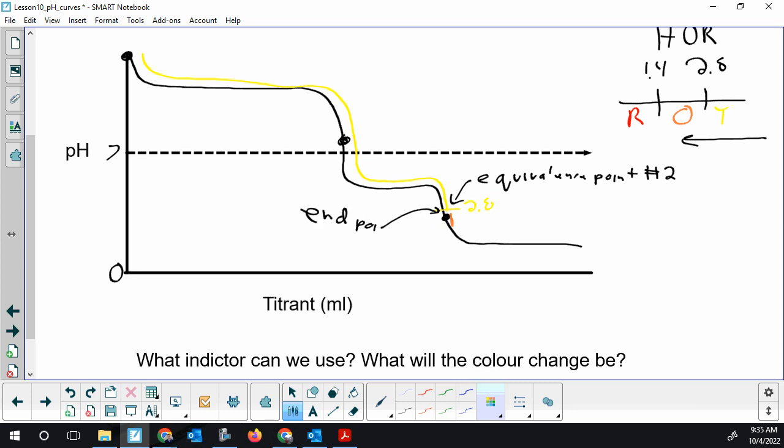The end point is yellow to orange at 2.8. And it should do a pretty good job of telling us the equivalence point. And then this would lead to stoichiometry calculations. We want to get the volume at the equivalence point, and we'll get it by the volume at the end point.